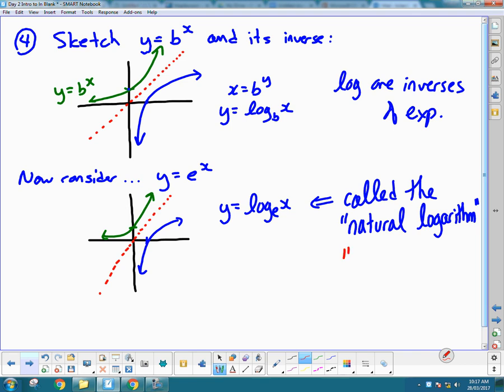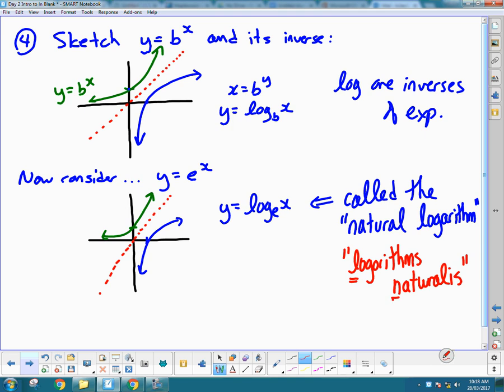In Latin, though, it's called Logarithmus Naturalis. Since this concept was discovered in Latin, we use their notation.